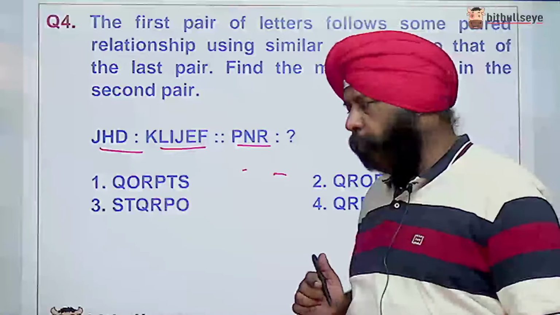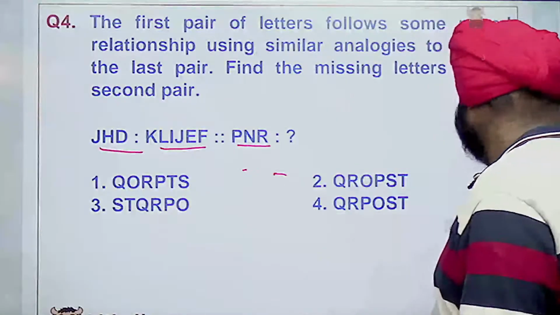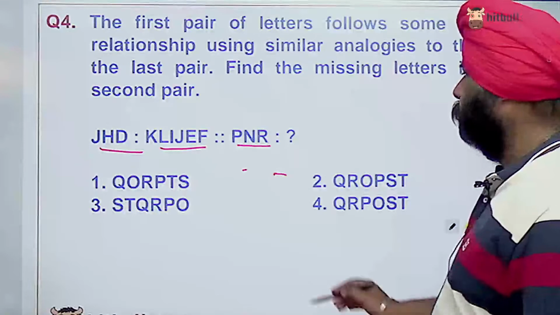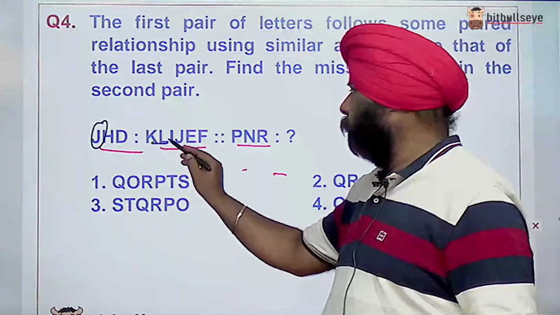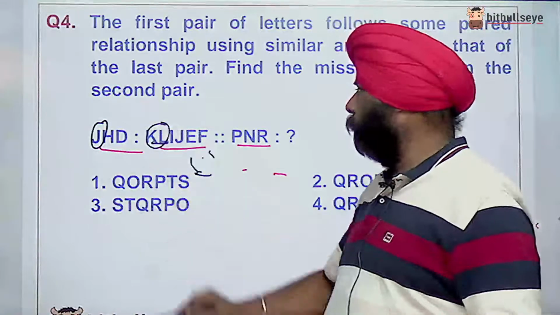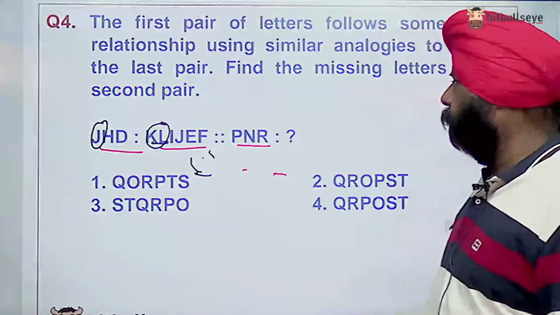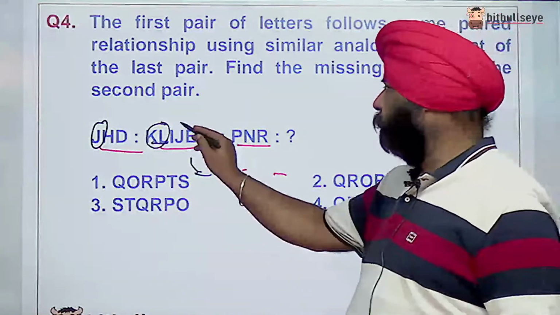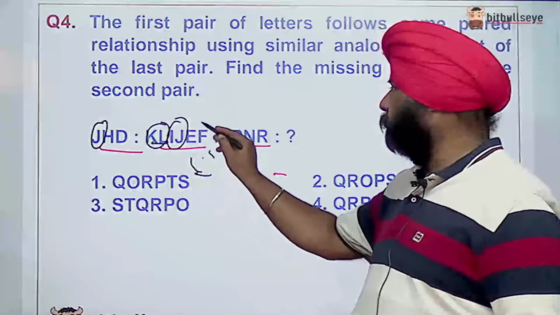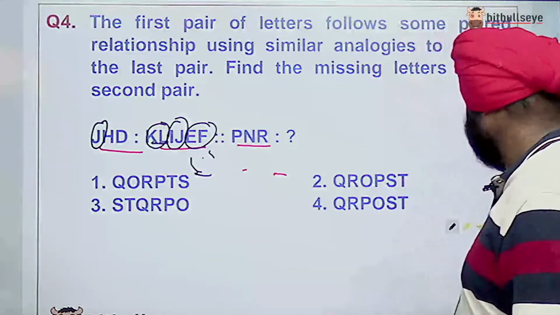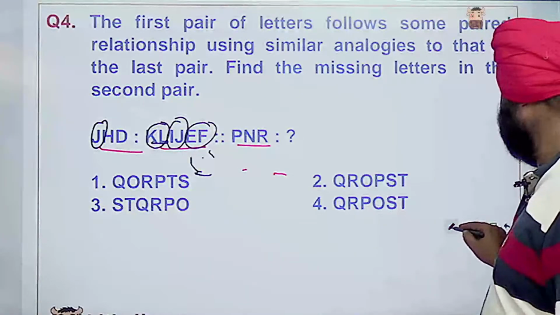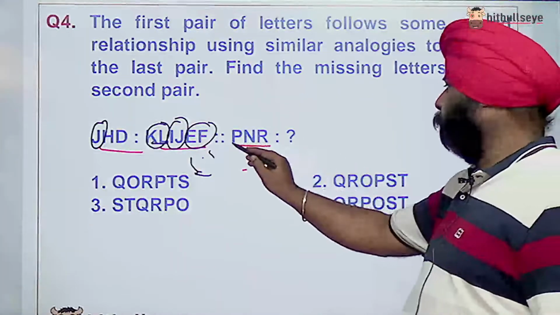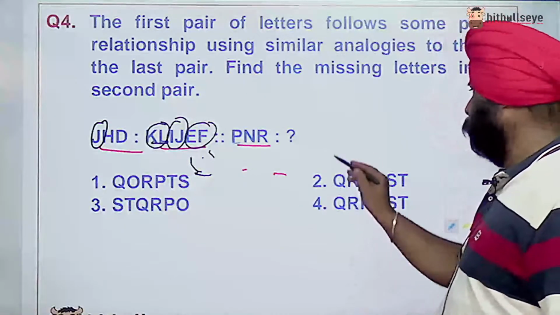So guys, first you have to find the relation. Here it is J. I can see KL are the two letters after J. After H, IJ is there. After D, EF is there, right? So to have the similar relation, after P, QR, as in the English alphabet.